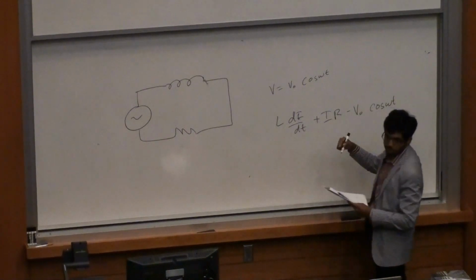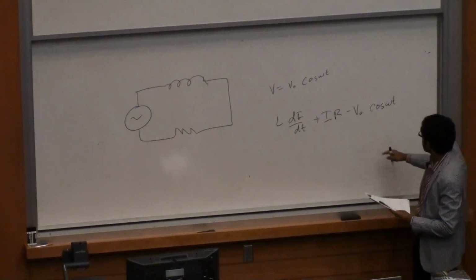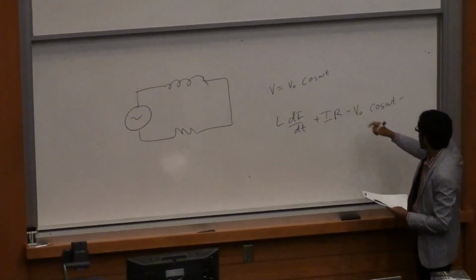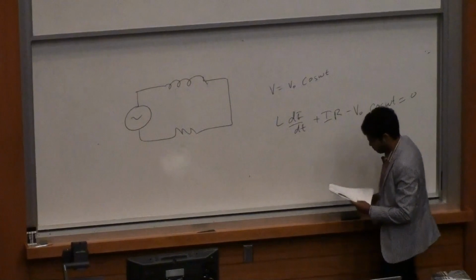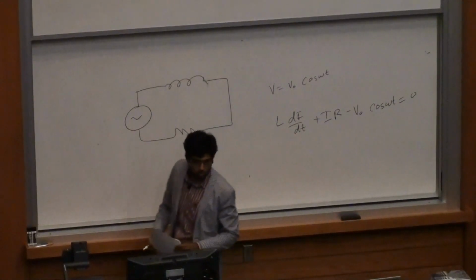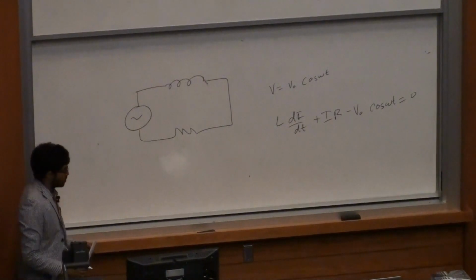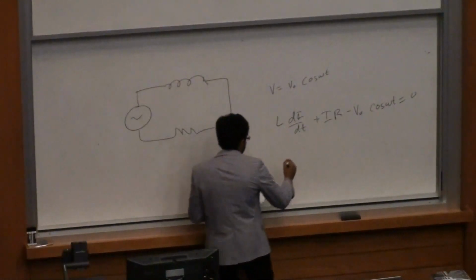I basically took the same differential equation from before, and just replaced my potential, my V, with what I have over there. The solution for this is not immediately obvious. It actually requires some calculation, so I'll just give it to you guys here.